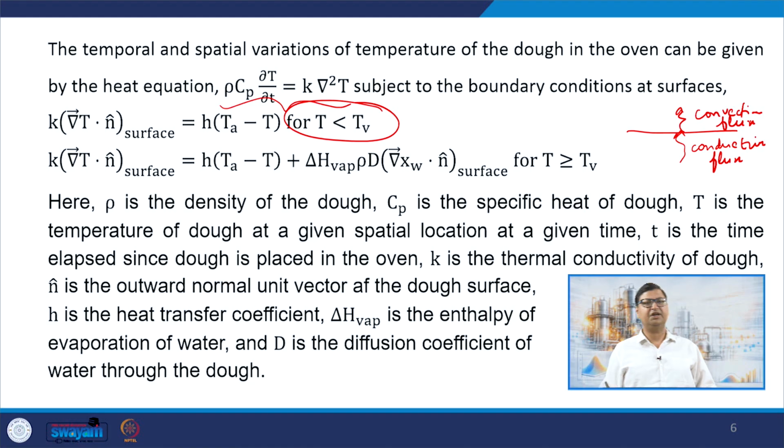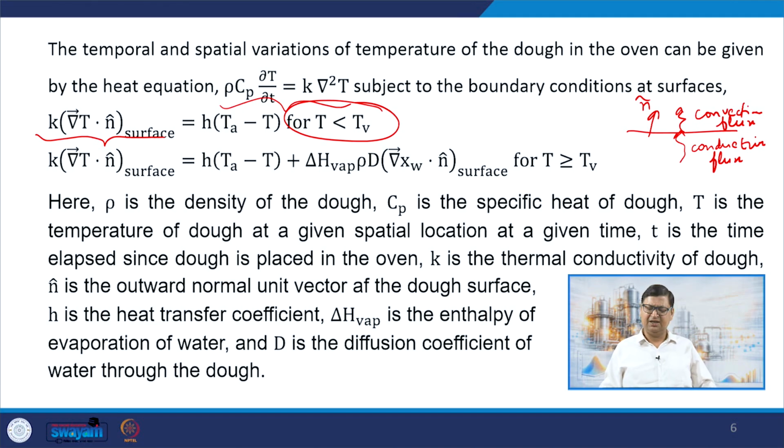And in a general notation, the conductive flux is given as something like this, where n is the normal direction for the surface of the biscuit. We can define it also on the sides, but I will ignore the sides later because of the one dimensional approximation.